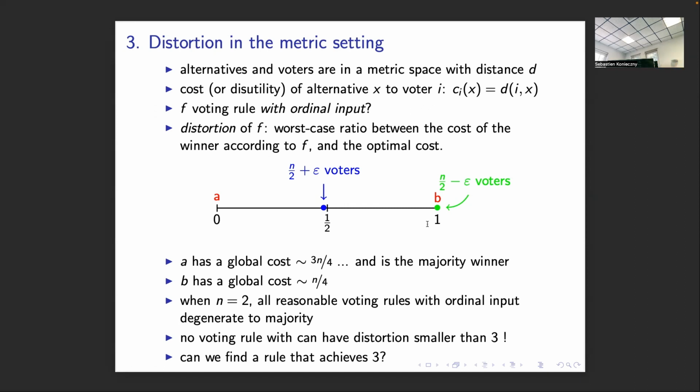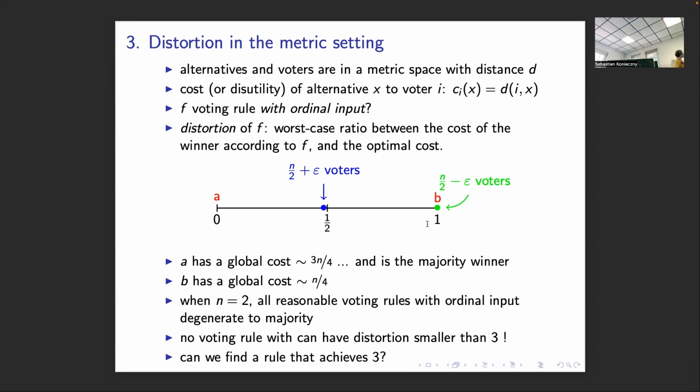It's 1/2 times n over 2, and this, it's n over 2 times 1, because A gives a cost 1 to those voters and 1/2 minus epsilon to those voters. So the cost of A will be 3n over 4, but the cost of B is only n over 4, because these voters have cost 0 for B, and these voters have cost n over 2.